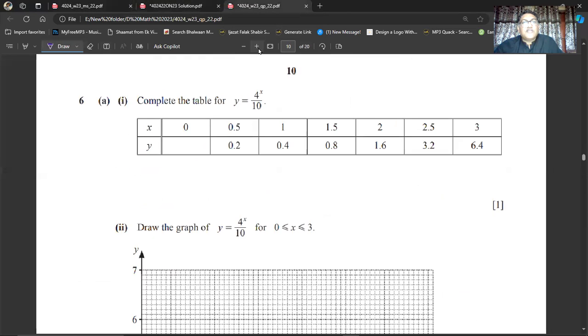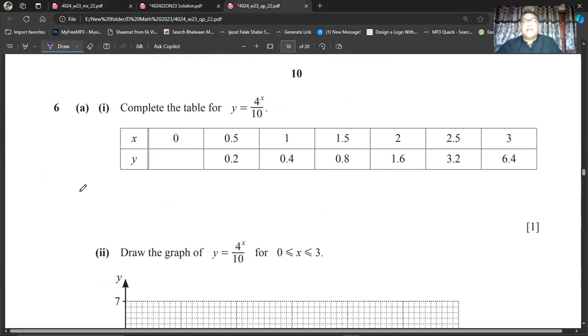So now we are going to the next question, and the next question coming up on your screen is question number 6. Question number 6 is A, first part, complete the table for an equation given, y is equal to 4 raised to power x, the whole thing divided by 10. And here a table is given. He says complete the table. So when the x is 0, the value of the y is not given.